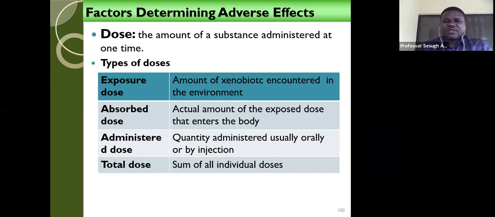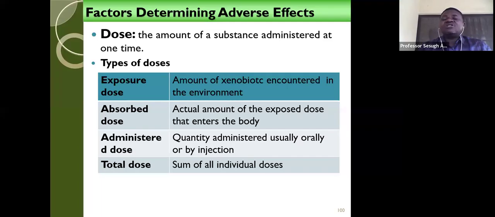And the dosage, depending on how high or low it is, will have an effect or adverse effect on human health. Let me also say that it is not necessary that one will be affected only if the dosage is high. There are some cases where even at very low dosages, adverse effects are seen.